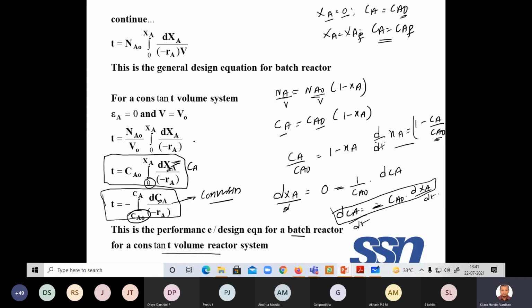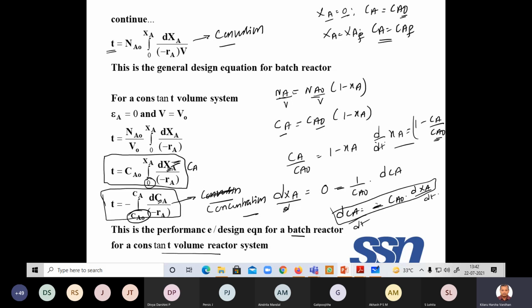Sorry, this is in terms of concentration, and this is in terms of conversion. So you can write the design expression either in terms of conversion or concentration.